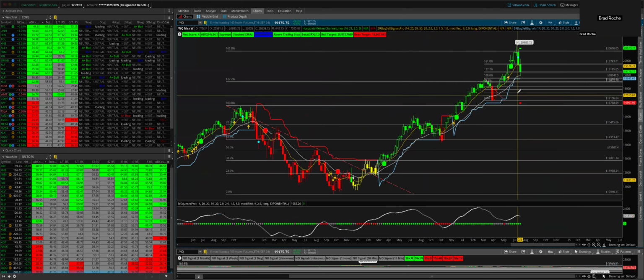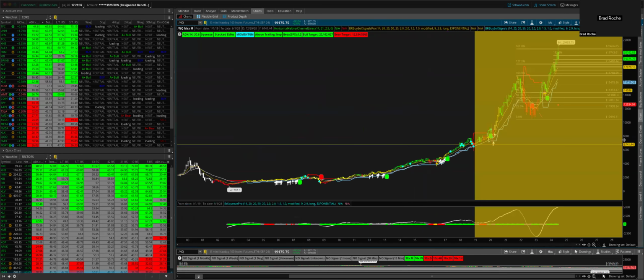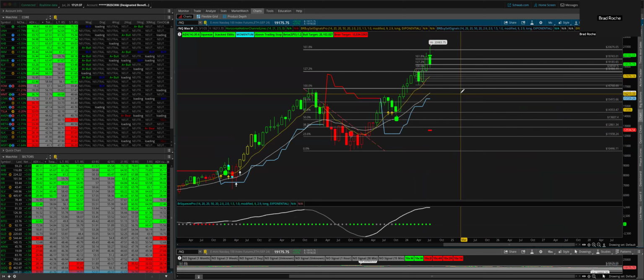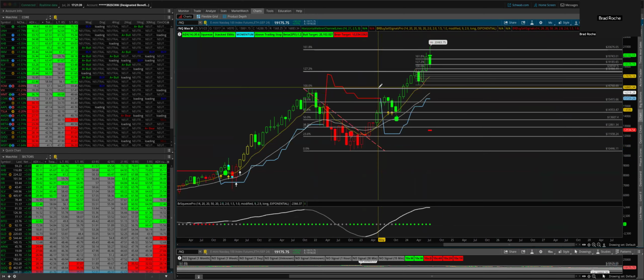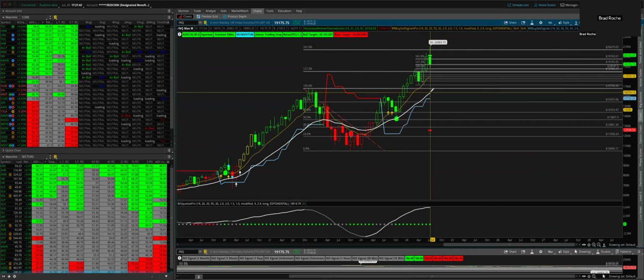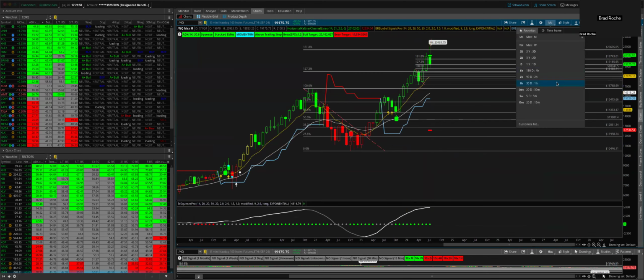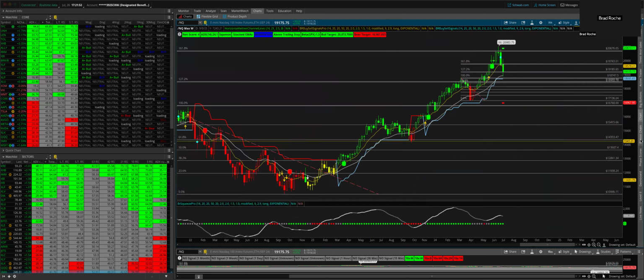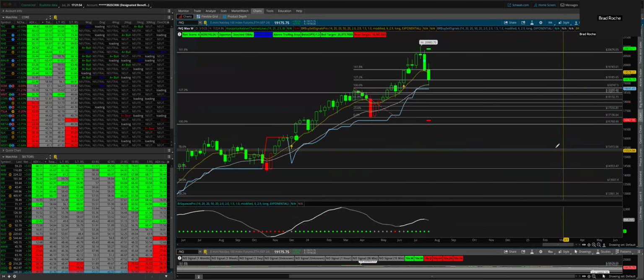So now if we want to look for more of a serious pullback, potentially back to the monthly mean, which would be back down towards this previous high here in this 100 extension, which would be almost 3,000 points lower, then we would need to see a break of that weekly trailing stop as the first go ahead that we may do that.